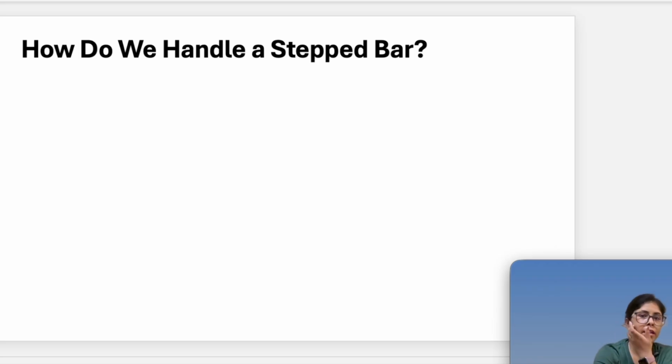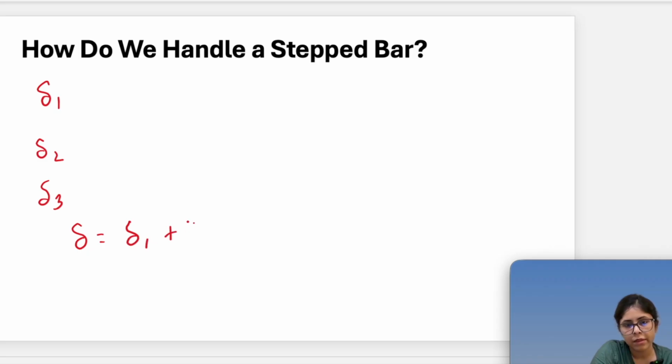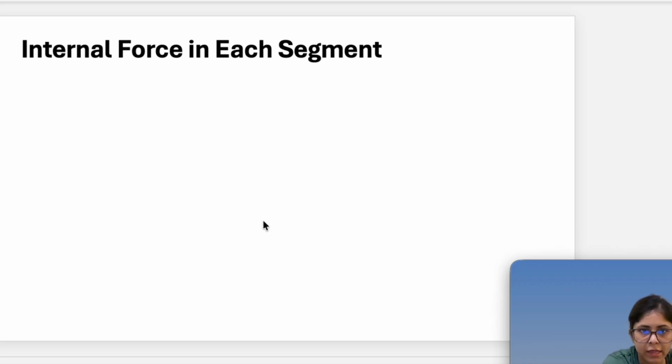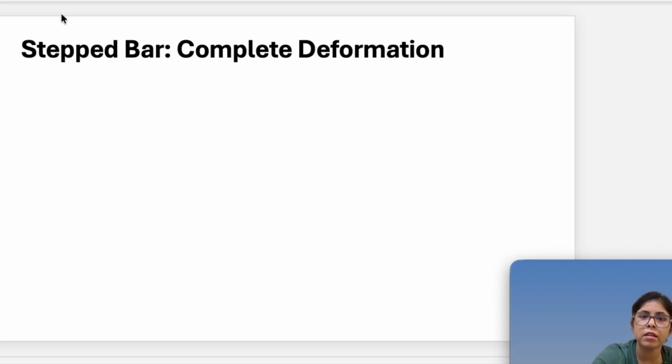We will be calculating deltas separately, like delta 1, delta 2, delta 3, and we'll add them, right? So final delta will be delta 1 plus delta 2 plus delta 3. So this is how we'll handle them. We'll calculate the internal force in each segment, and then we will have the complete deformation.